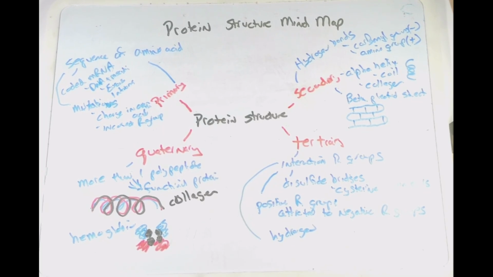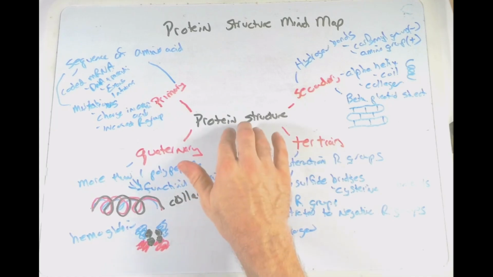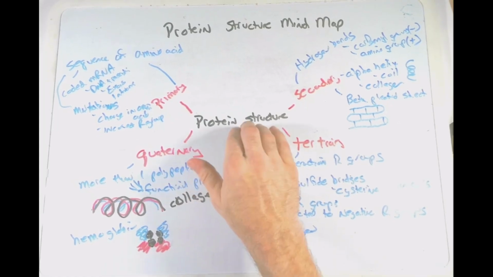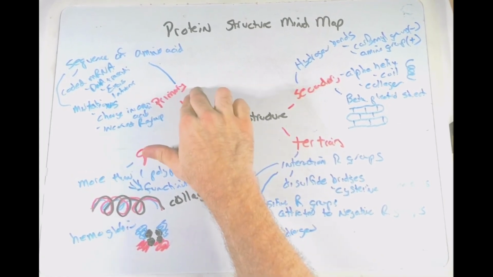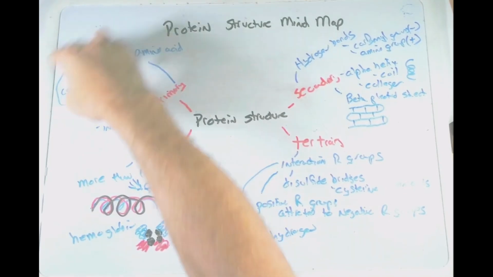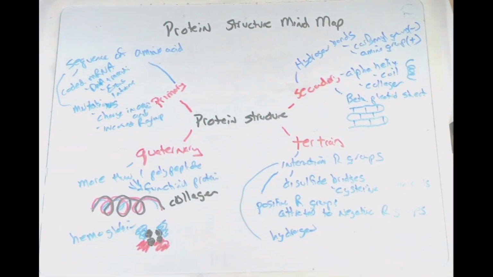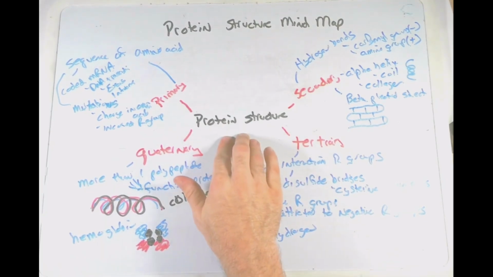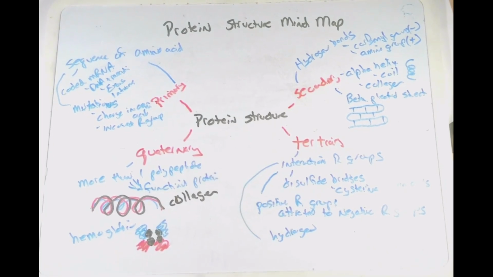So what we can see with this mind map is you can start out with a central process, kind of expand out with what you know, primary structure, sequence of amino acids, and then facts associated with the amino acids. To use this as a studying technique, you can draw it out as a way of studying it, or you can use it to test yourself and just say, okay, write down protein structure without looking at your notes.